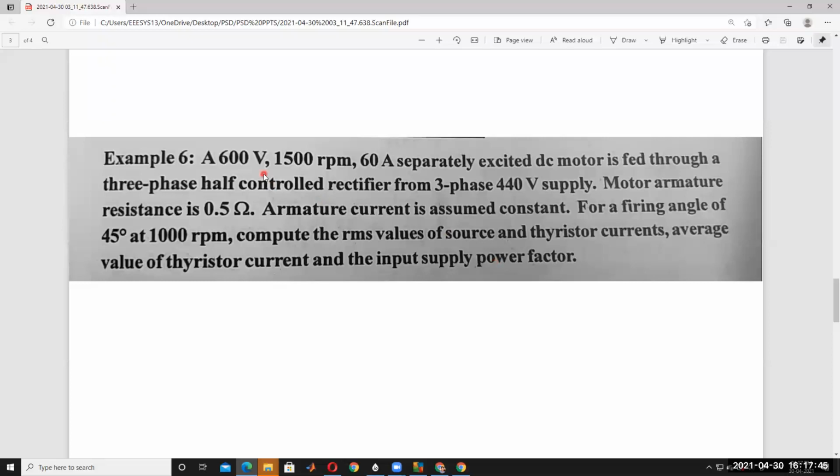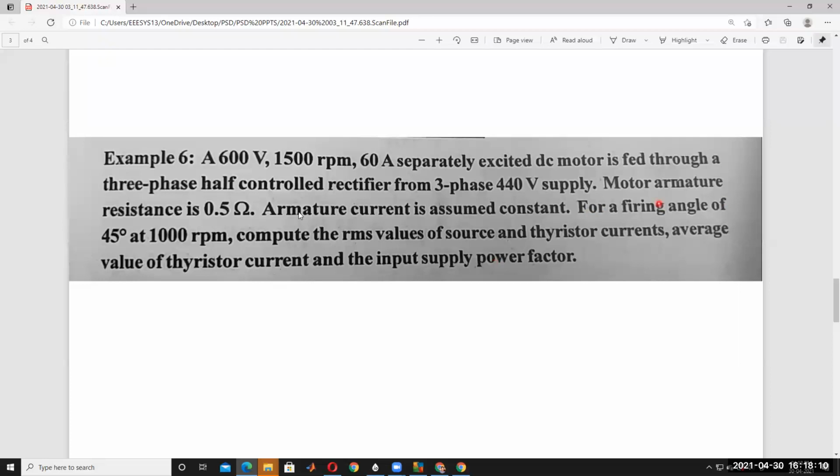A 600 volts, 1500 RPM, 60 amps separately excited DC motor is fed through a 3-phase half-controlled rectifier from a 3-phase 440 volts supply. The motor armature resistance is 0.5 and the armature current is assumed to be constant.